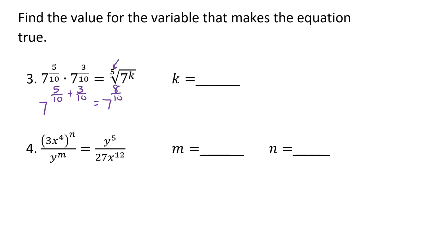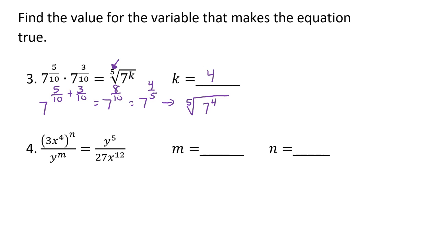Now looking at this radical, I can see there's an index of 5, but with the way my fraction's set up, I have a 10 where the index location is. That means I need to reduce this fraction by 2, so I have 4 over 5. So now when I write it as a radical, the 7 goes on the inside, 4 is the exponent, and 5 is the index. So therefore k would need to be 4.